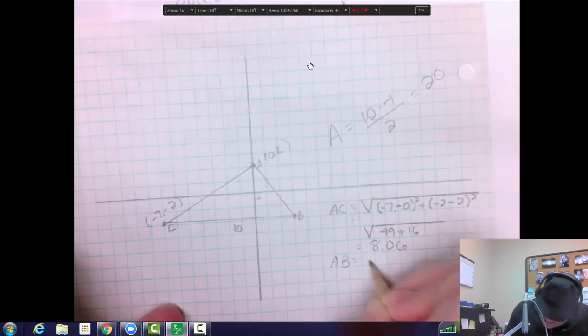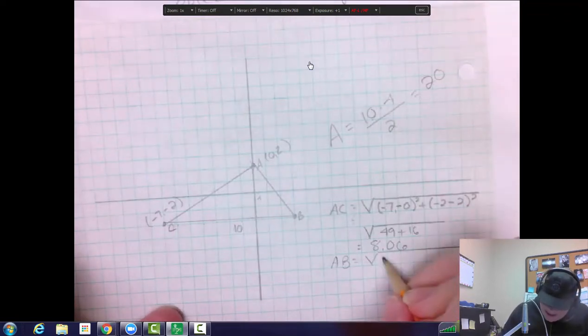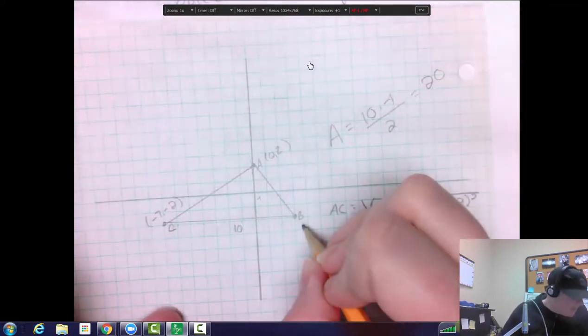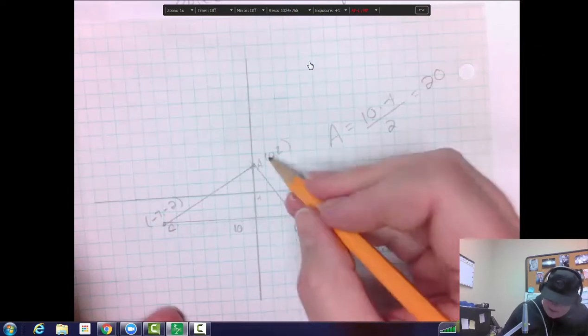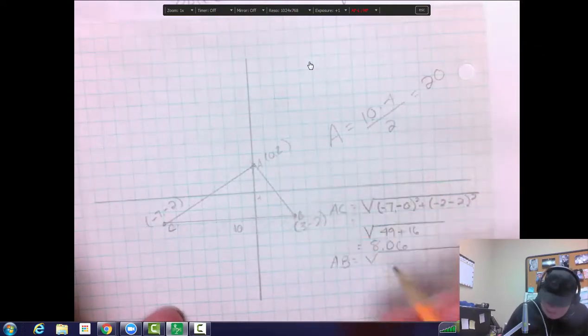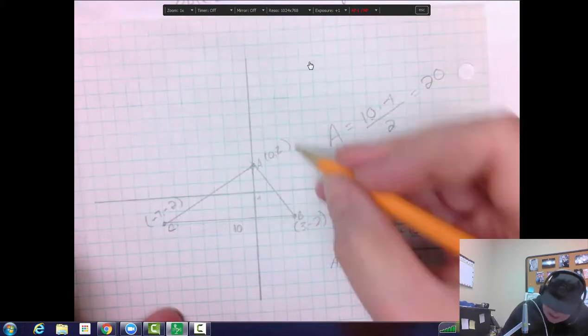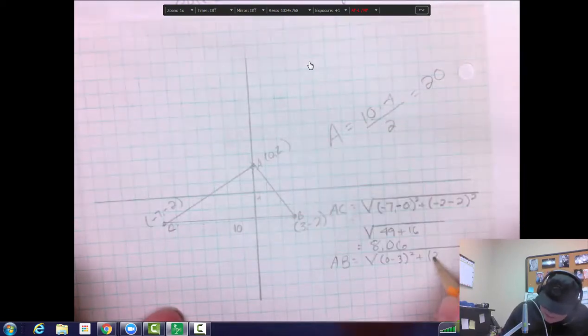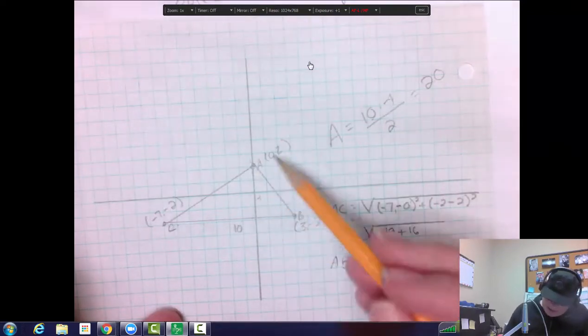Okay, now let's find AB. So B was 3, -2. So 0 minus 3 squared plus 2 minus -2.